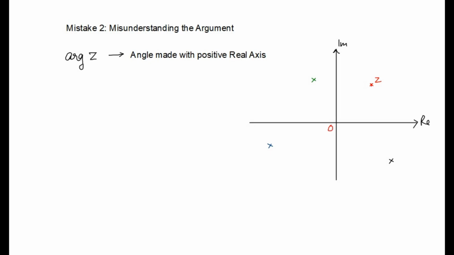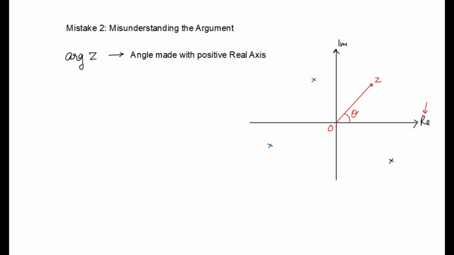So what you need to do is join that point to the origin, and the angle that that point makes with the positive real axis is the argument of the complex number. So the positive real axis is the axis on this side. The negative real axis is on this side. So it's always the angle made with the positive real axis.